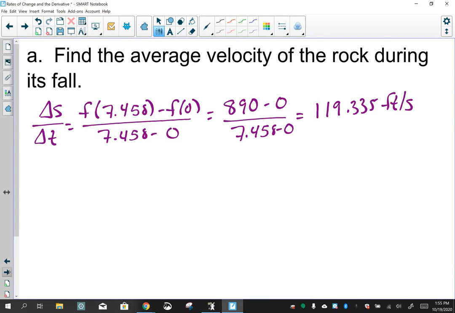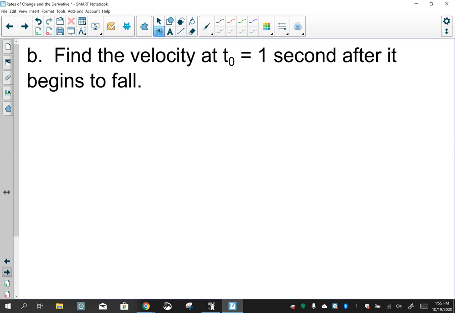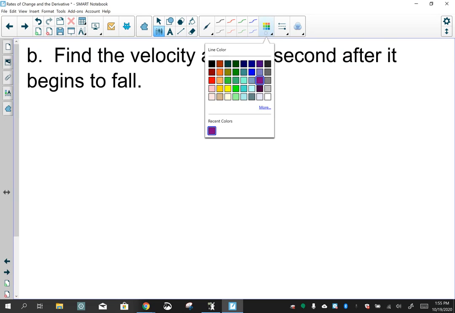Part B. Find the velocity at t sub 0 equals 1 second after it begins to fall. I'm going to pick a different color. Orange looks good. I'm going to do the same thing.